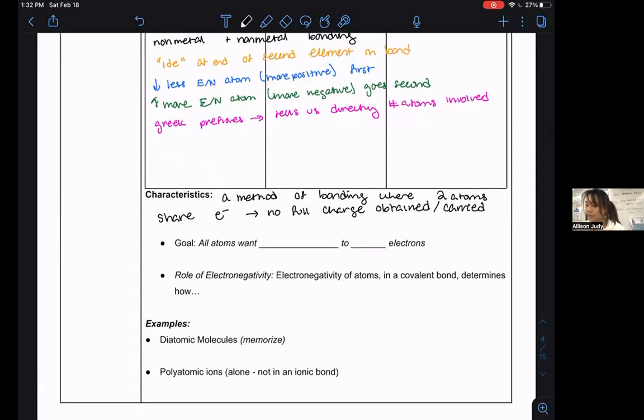So remember how we said that the goal is that all atoms want access to 8 valence electrons? And I said that word access would become a very important word because what it tells us is we don't necessarily have to own, because when you own electrons all to yourself, that's when you carry a charge. But if you want access, what you're really saying is you just want to be able to get your hands on it. So you really just need the ability to share and make sure through your sharing that you can get 8. Okay.